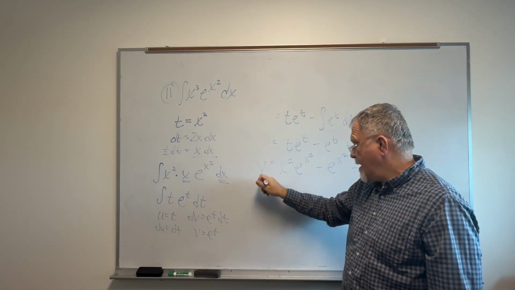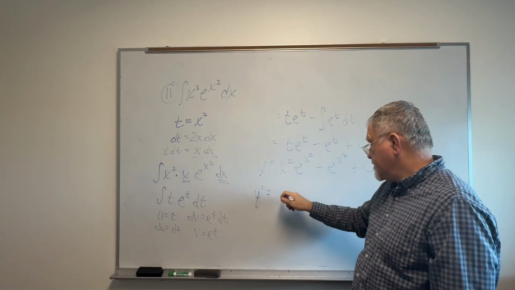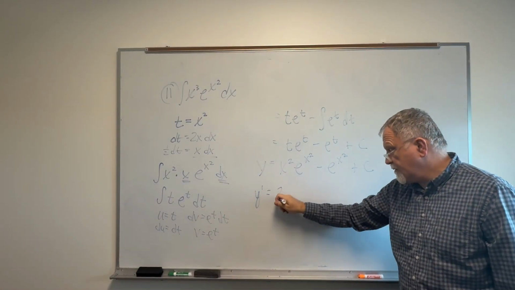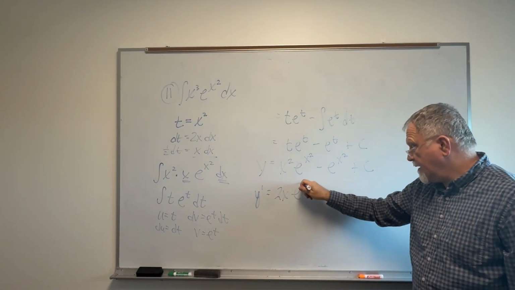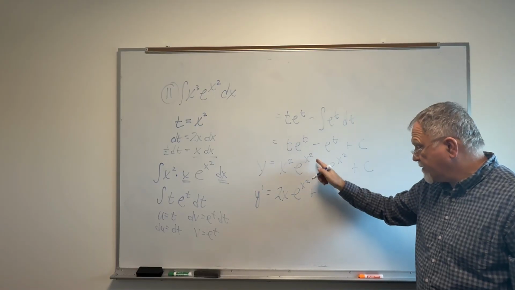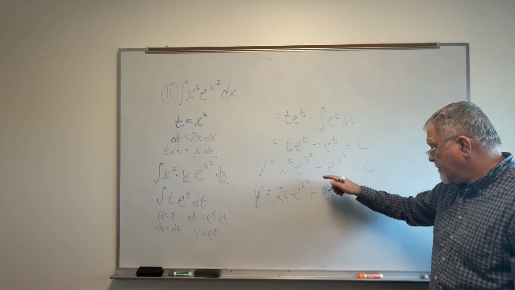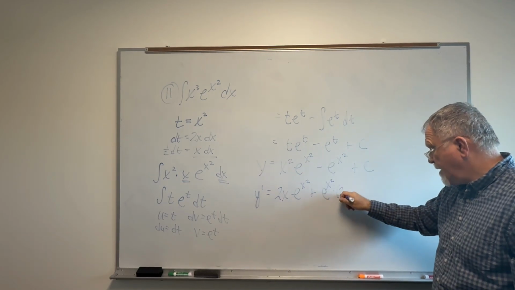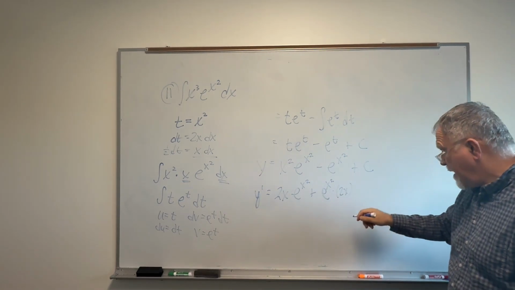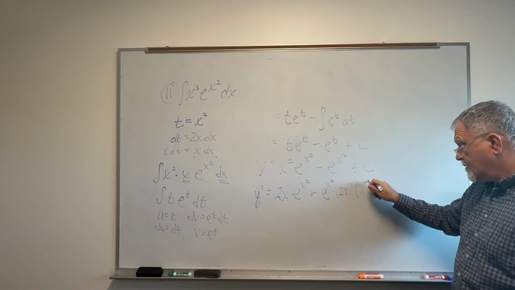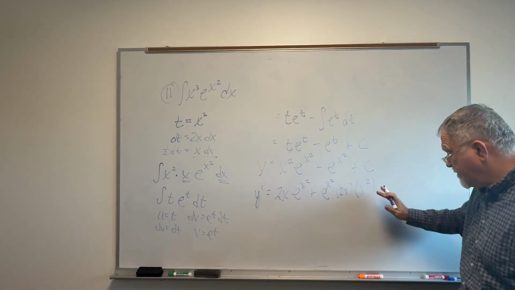I'm going to call that y. So y prime is what? Derivative of this is just 2x times e to the x squared plus the derivative of the next one, which is e to the x squared times the derivative of the x one, which is 2x times what we have in front, x squared. So this is all the product rule.